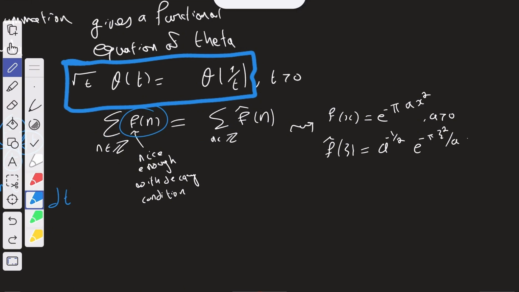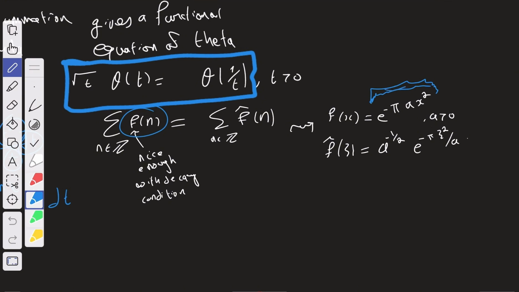The reason this is pretty nice is that theta functions usually take a form similar to this one, and the Fourier transform of this thing is easy to compute.